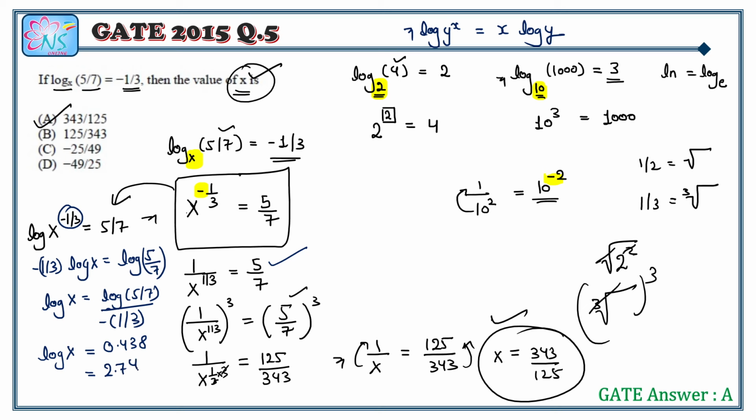Now we have to convert it into a ratio, and there is an option in the calculator to convert it into a ratio, which gives us the value 343 divided by 125. Again we get the same value, which is option E. As I said, the first method doesn't require a calculator, but this one requires the use of a calculator, so you must choose this method in the examination.